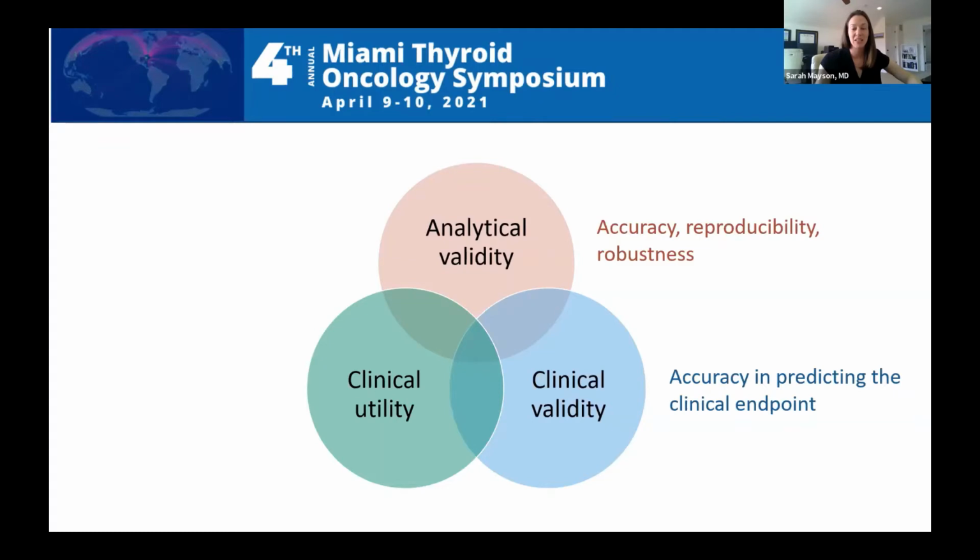Clinical validation, on the other hand, assesses the accuracy with which the test predicts the disorder of interest, which in this case is thyroid cancer or NIFTP. And clinical utility studies assess for the patient's benefit. For example, does utilizing molecular testing decrease the number of patients who undergo diagnostic surgeries?